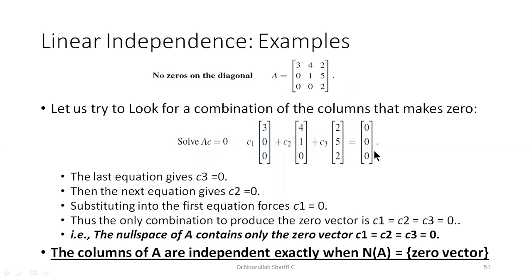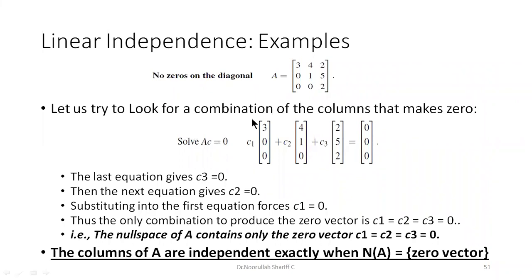Now in this case, you can see very clearly that the third or last equation will give us c1 into 0 plus c2 into 0 plus c3 into 2 is equal to 0. c1 into 0 will be 0, c2 into 0 will be 0, then we have c3 into 2 equal to 0. So 2c3 is equal to 0 gives us c3 equal to 0.